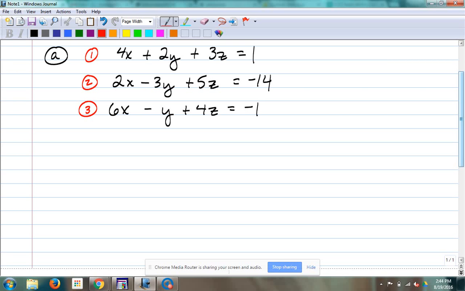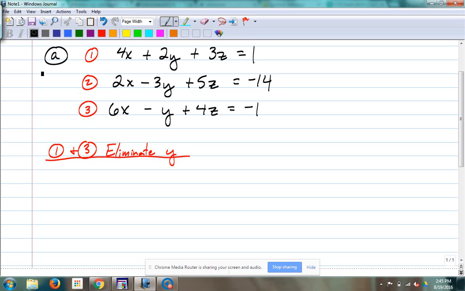I'm going to pair up equation 1 and equation 3 first. So I'm using 1 and 3, eliminate y. What I'm doing is organizing myself, telling myself what I'm doing: I'm taking equation 1 and 3, and I'm going to eliminate y.